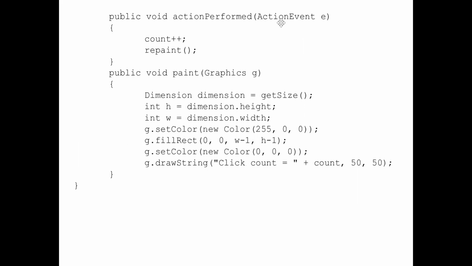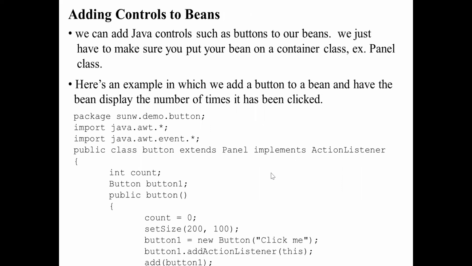And finally, public void actionPerformed. Using the Dimension, we get the size, height and width. I can set the colors, fill the rectangle with the colors, and draw something to count the number of times the button is clicked.